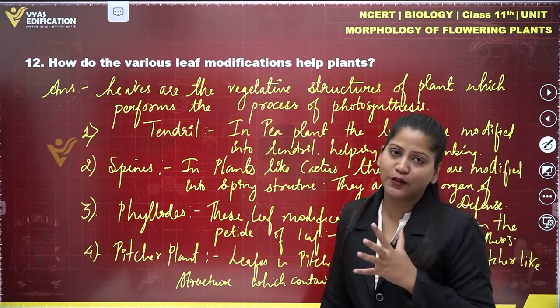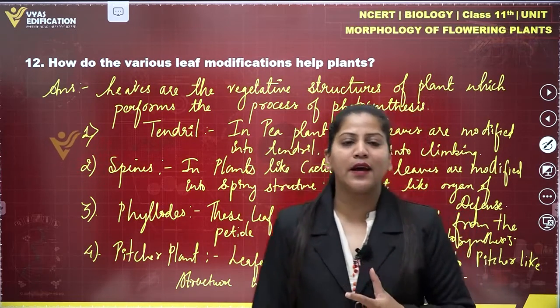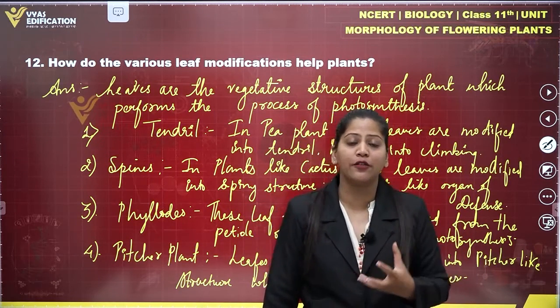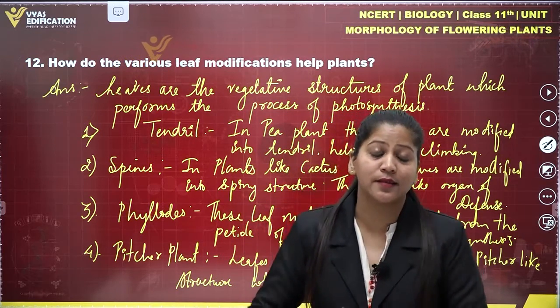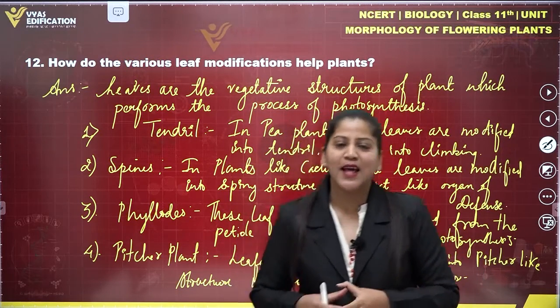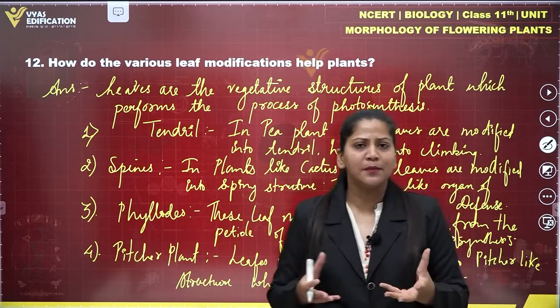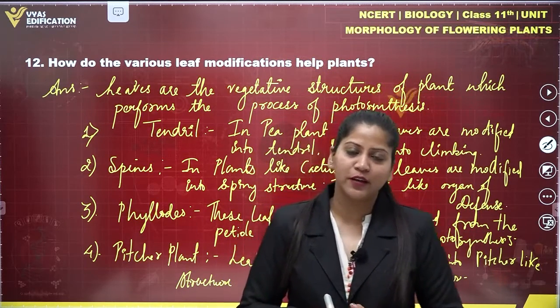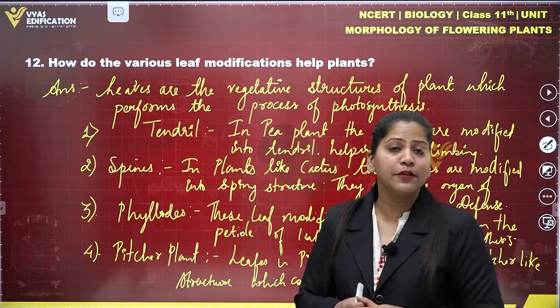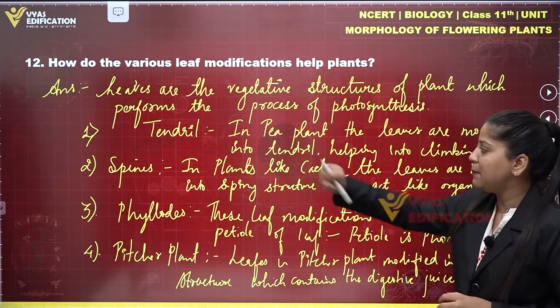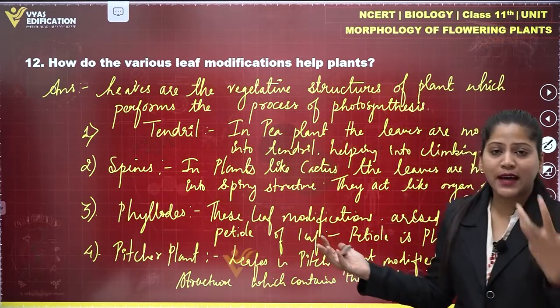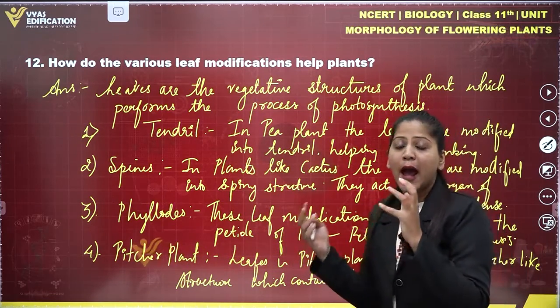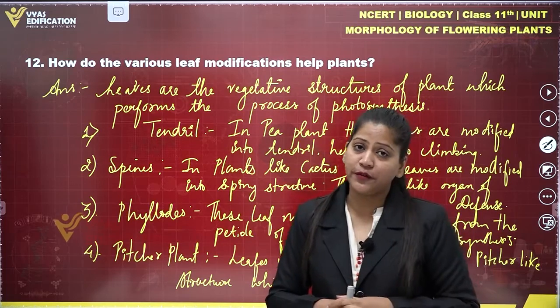We know that leaves are the vegetative parts and they have the function of synthesizing food. They are performing photosynthesis. The main site of photosynthesis is leaves, right? But sometimes some leaves get modified into different structures to perform different functions, such as in pea plant, it helps in climbing. In some plants like cactus, they are acting like the organ of defense.